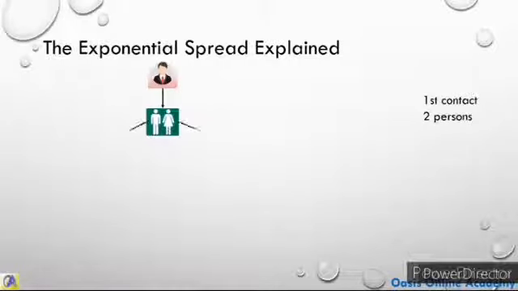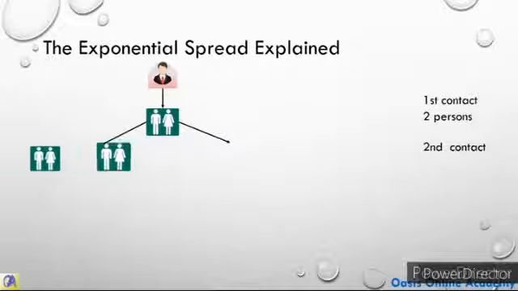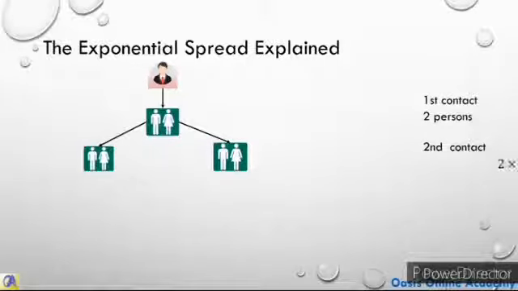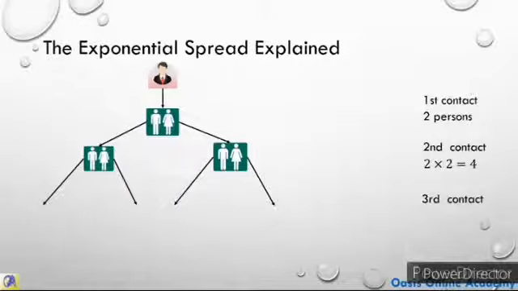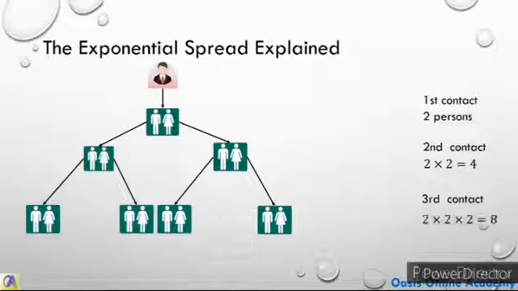If each of these two persons contacts other people and then contaminates two of them, then in the second contact, we will have 4 people contaminated. That is 2 times 2. If the process continues with each person contaminating 2 other people, then in the third contact, we are going to have 8 people contaminated. That is 2 times 2 times 2.